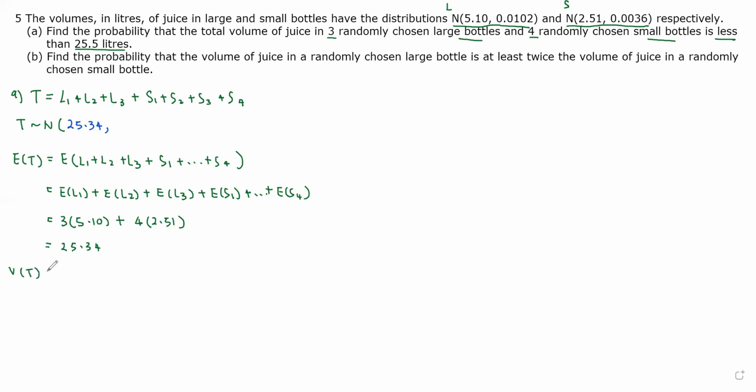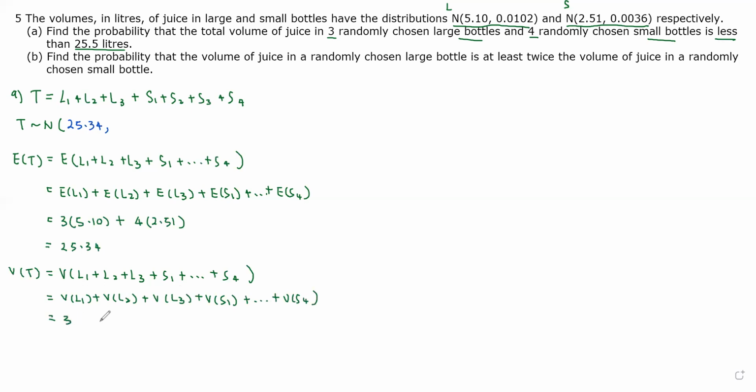So the variance of T is the variance of all that. So we have the variance of L1, L2, L3, and then S1 through S4. Now the variance of a sum of independent random variables is just the sum of the variances. So we have the variance of L1, L2, L3, and the variance of S1 through S4.